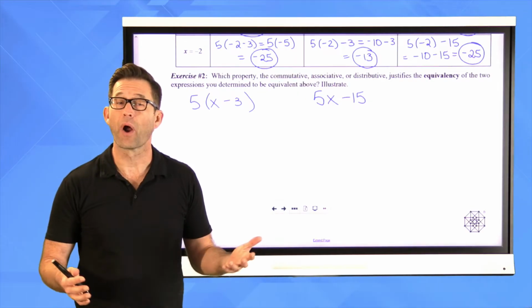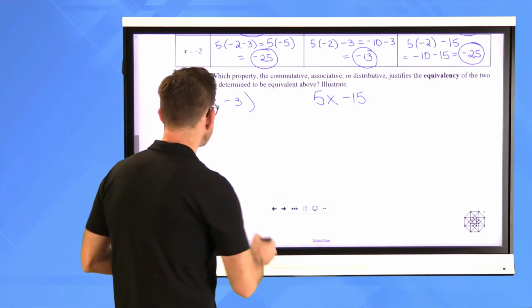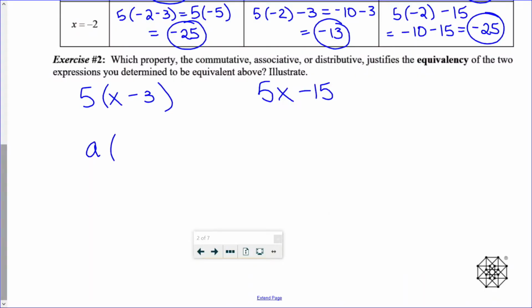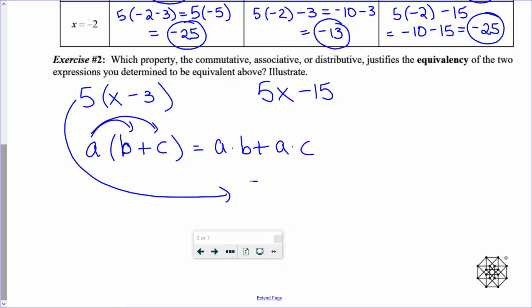Well, it's the distributive property. Remember, the distributive property says, look, if I've got something multiplying, let's say, a sum or a difference, right? Then I can multiply that sum or difference through, right? And then have the addition. So in this case, that 5 times x minus 3, the distributive property, right?